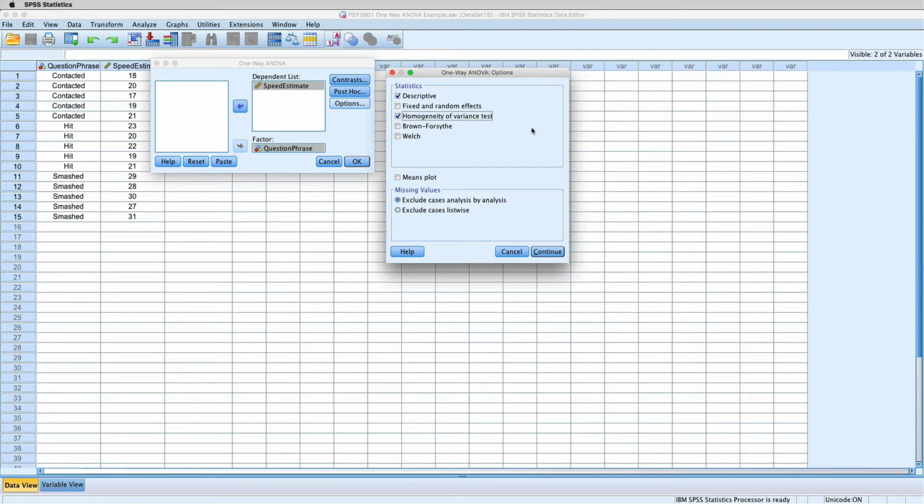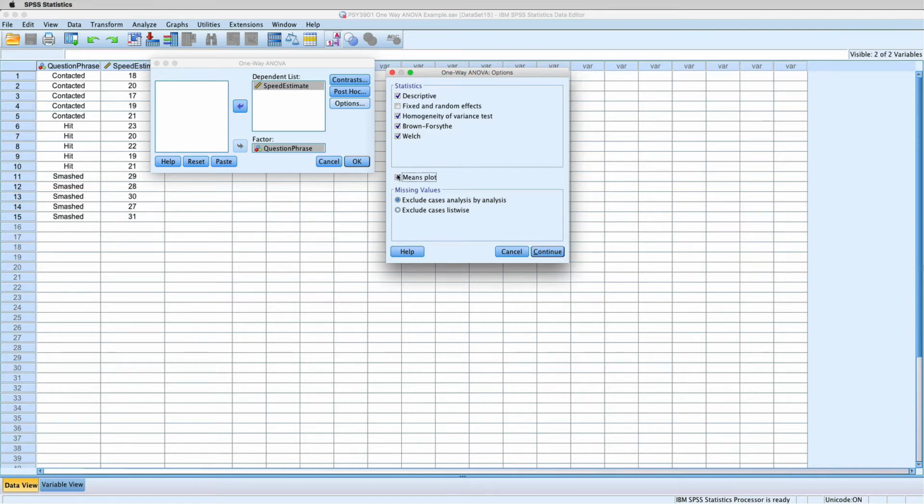So here we're given the Levene's test for homogeneity of variance in the output. Should we not meet the assumption of homogeneity of variance, it gives us two other options, either the Brown-Forsythe or the Welch, to request as alternatives should we be concerned about violating that assumption. So we'll click those both.